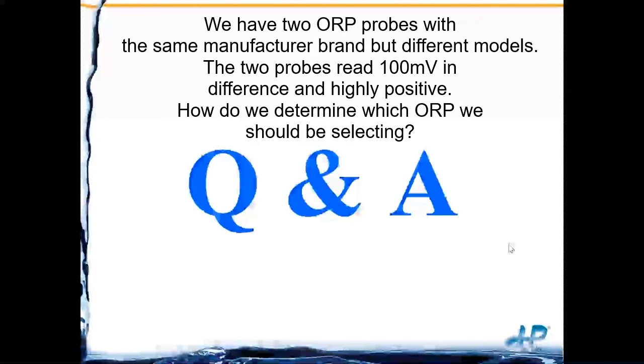Alrighty, next question is, we have two ORP probes with the same manufacturer but different models. The two probes read 100 millivolts different and highly positive. How do we determine which ORP we should be selecting? This is the fun part because we have to start to isolate them from each other. If you take your ORP probes, assuming they have easily quick detachable cables, because if I tell you to swap a whole cable, you may get angry and not want to run the cable, especially over long distance.